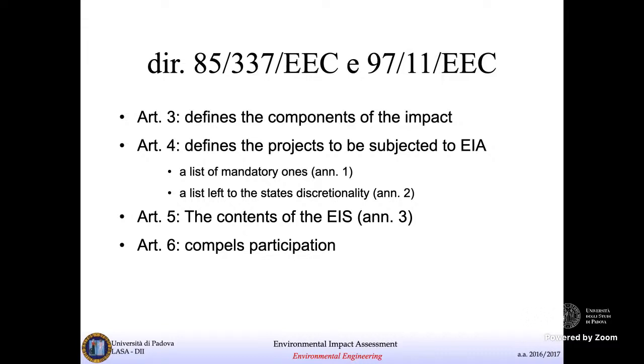So this is, I recall you, the screening phase introduced by Directive number 11 of 1997. Then in Article 5, we have an indication of the content of environmental impact studies. Sorry, in Article 5 and more specifically, Annex 3 gives you a list of the contents to be found in the environmental impact study. And Article 6, in particular, compels for participation, and in particular, as I already told you, participation of the public at large.